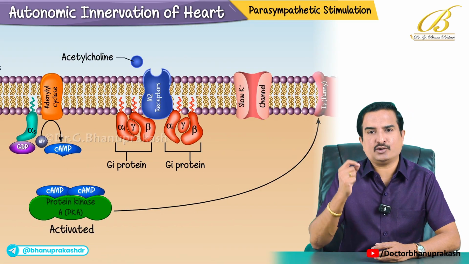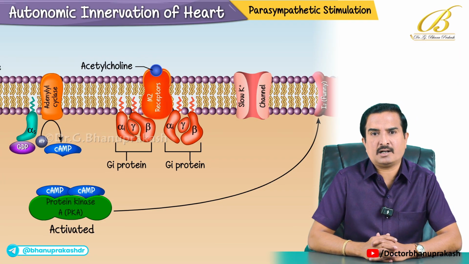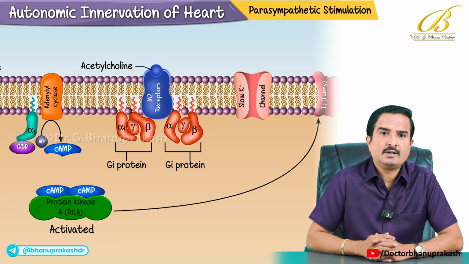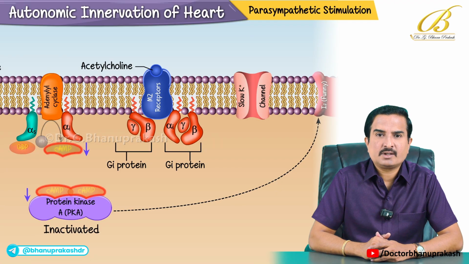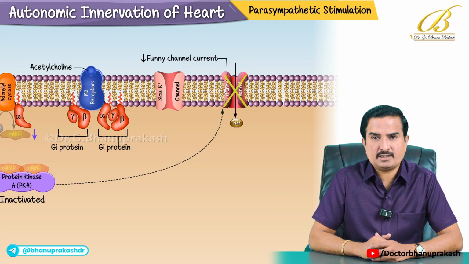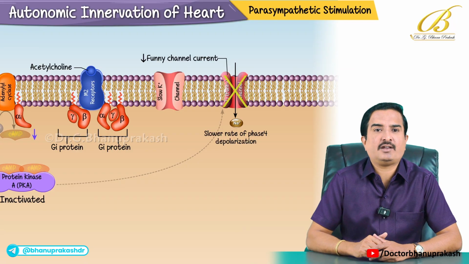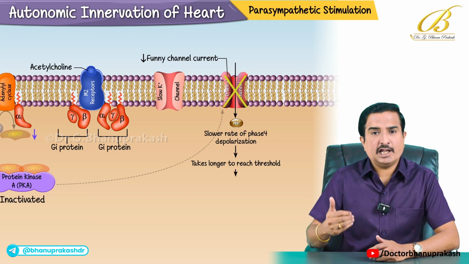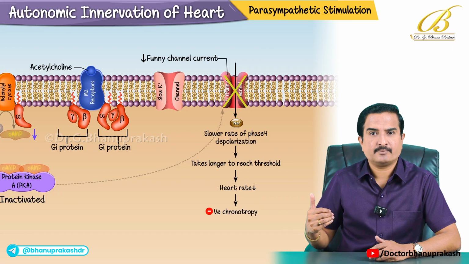When acetylcholine is released, it binds to M2 muscarinic receptors, which are Gi protein coupled. I stands for inhibitory, which means this reduces the cyclic AMP levels. Whenever this happens, there will be decreased funny channel current, so a slower rate of phase 4 depolarization. It takes longer to reach the threshold. Therefore, heart rate goes down, which means negative chronotropy.